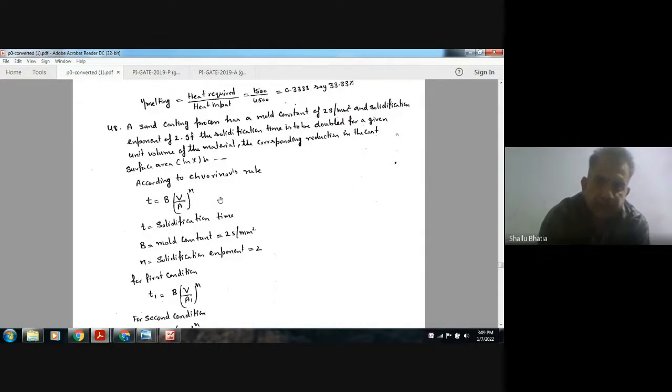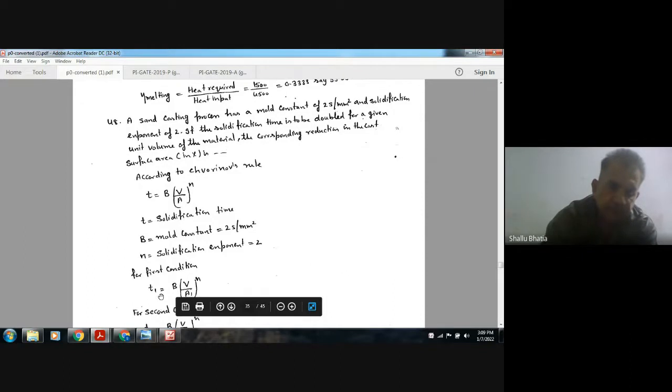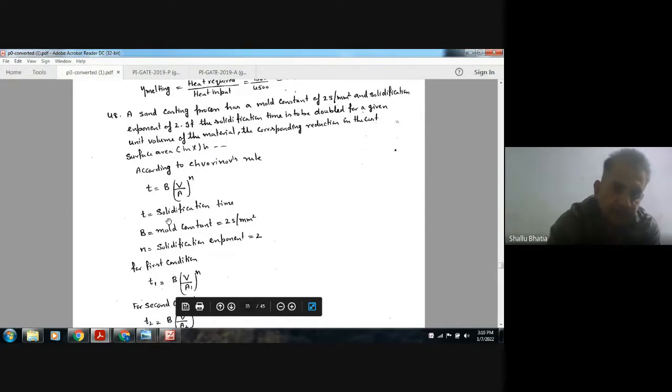The corresponding reduction in cast surface area in percentage is, according to Chvorinov's rule, solidification time directly proportional to volume by area with exponent, and B is a constant. B is the mold constant, that is 2, and the solidification exponent n is 2. So this relationship is T equals B times (V by A) to the power n.